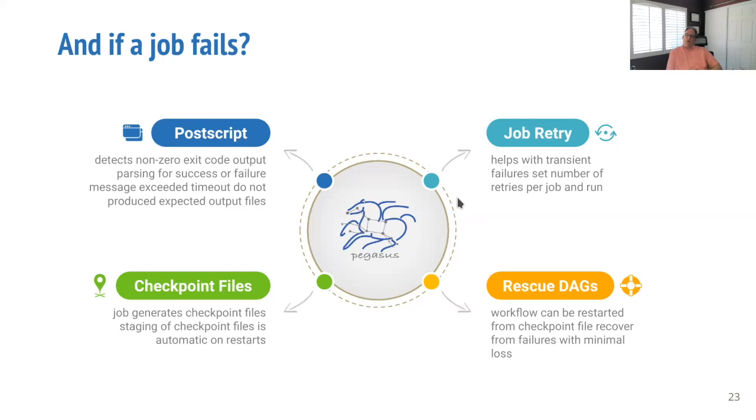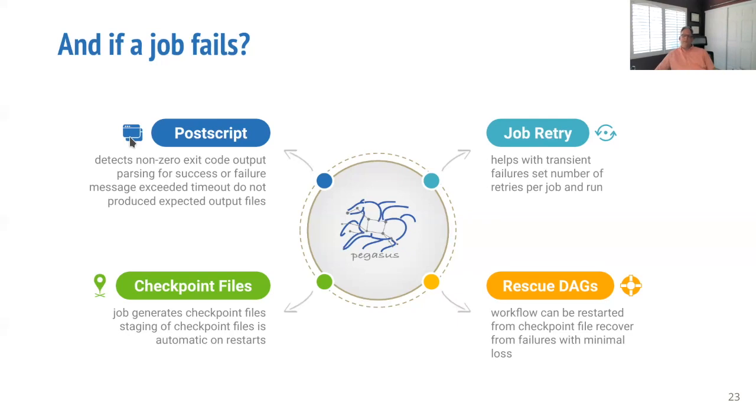Another part of Pegasus and DAGs, and I mean Condor in general, right, is how do we handle job failures? In Pegasus, the most basic case is the POSIX non-zero exit code. So this is what we use in standard Condor jobs as well.